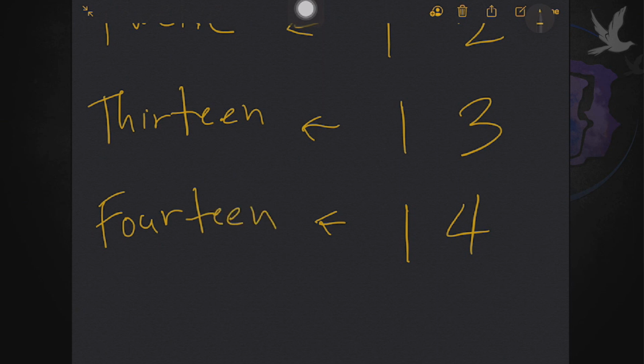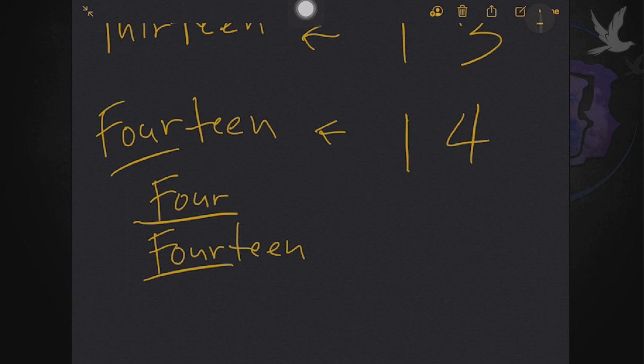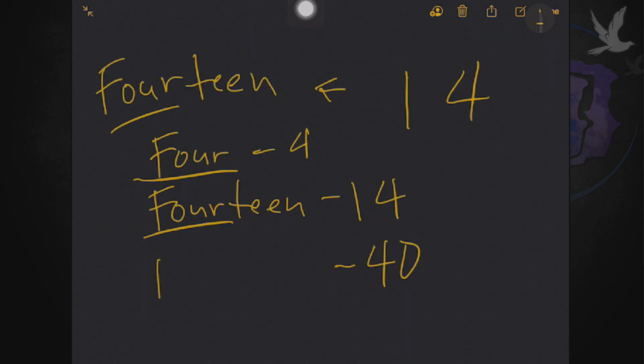Next number, 14. If you notice the spelling, I will just explain it here. The 4 and 14 have the same basis, the first few letters. But for the number 40, you don't spell 40 as F-O-U-R-T-Y.